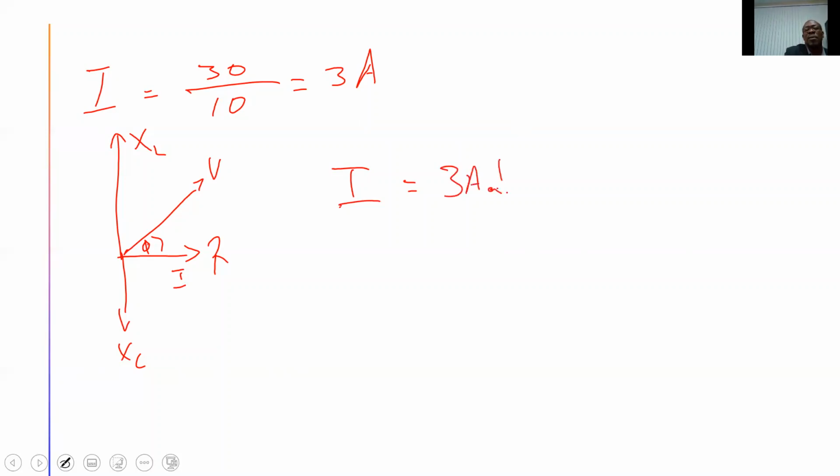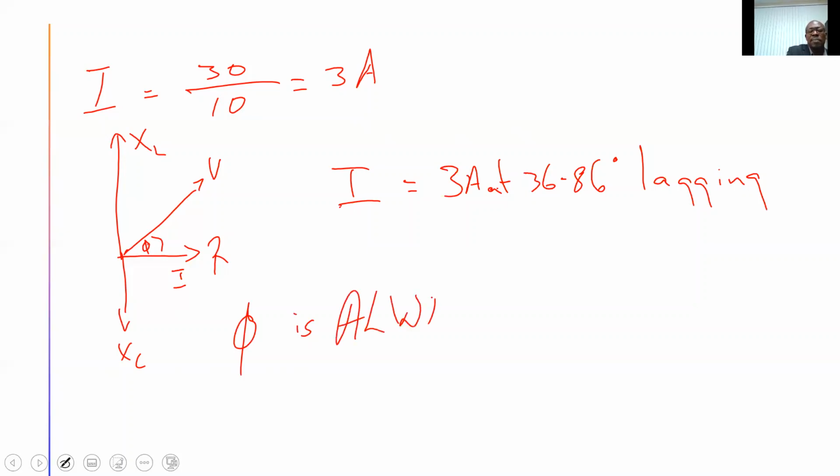at 36.86 degrees lagging. And why do we say lagging? Because the phase angle, phi, is always given as the current relative to the voltage.